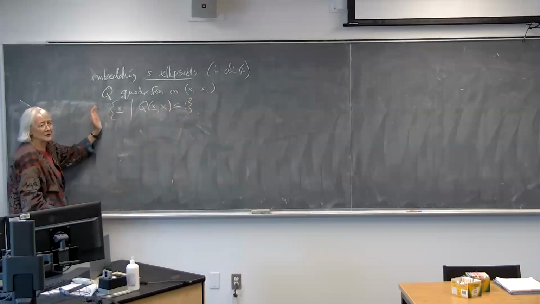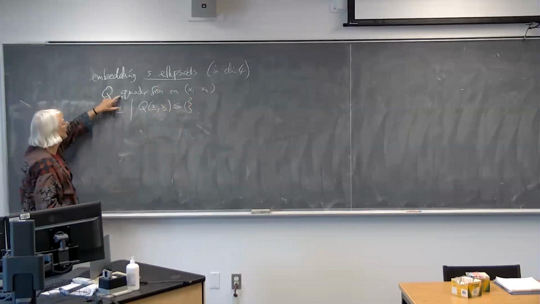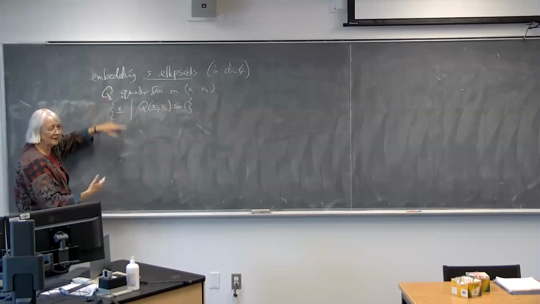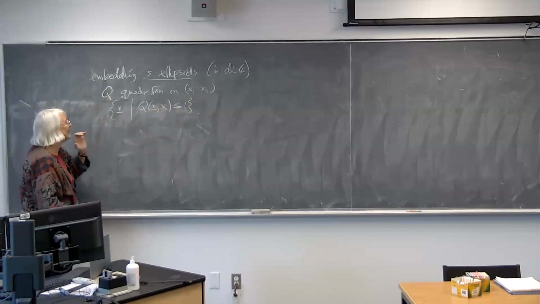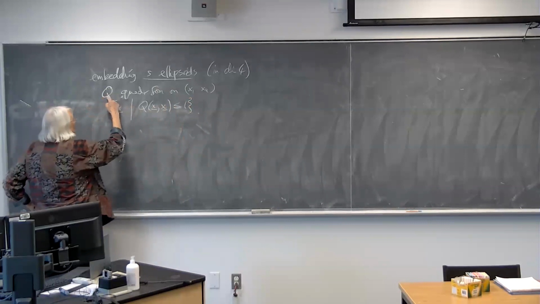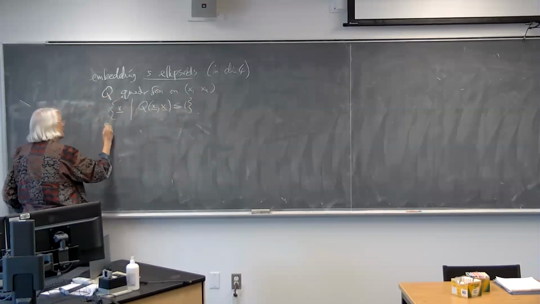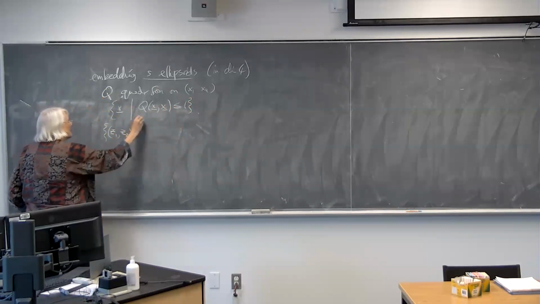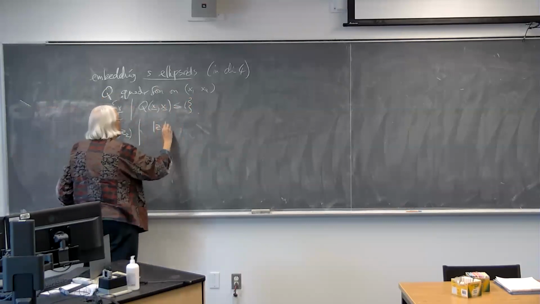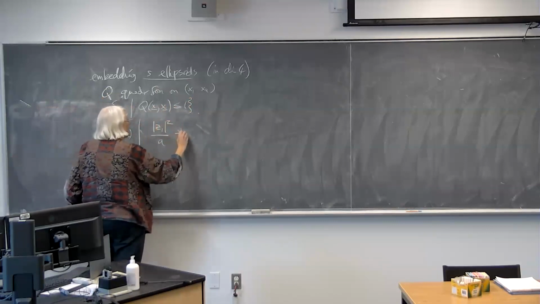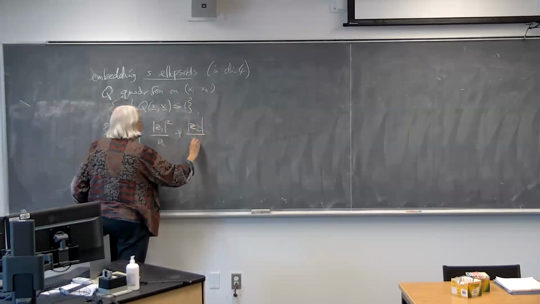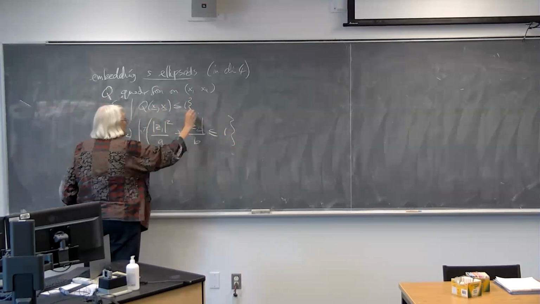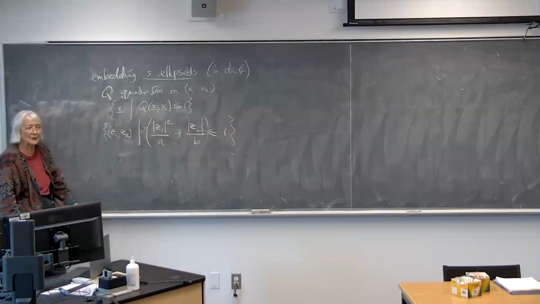And of course, you can change this by a symplectic linear transformation, and using the linear symplectic group you can always assume that, using complex coordinates z1, z2, it is given by pi |z1|^2 over a plus pi |z2|^2 over b less than or equal to 1. So you can always sort of diagonalize. Okay, you can always put it in that form.